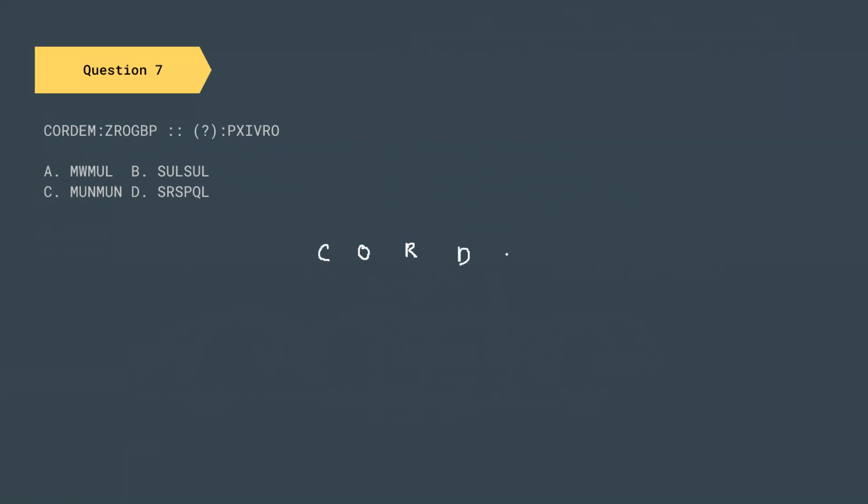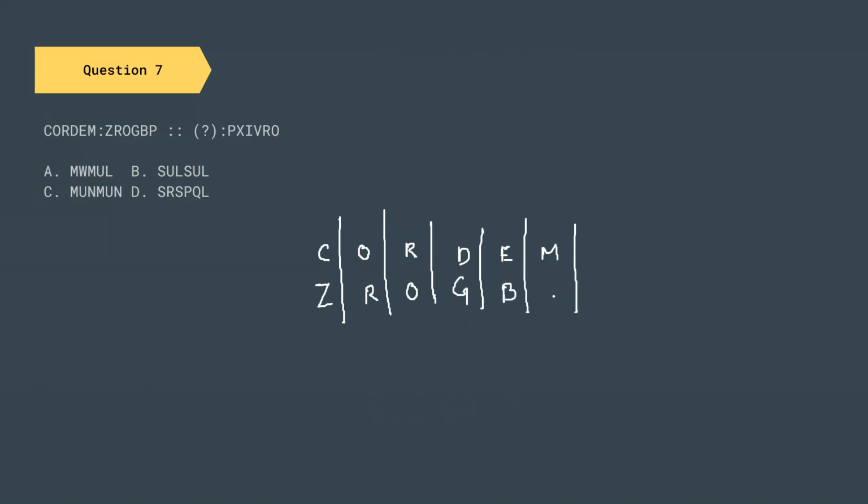C is encoded to Z, O is encoded to R, R is encoded to O, D is encoded to G, E is encoded to B, and M is encoded to P. So this is our encoding way.